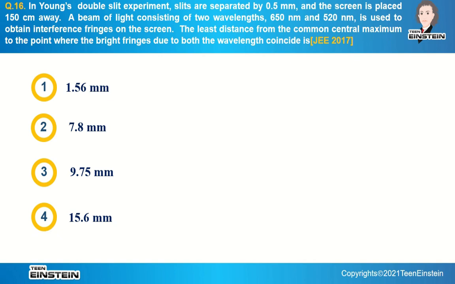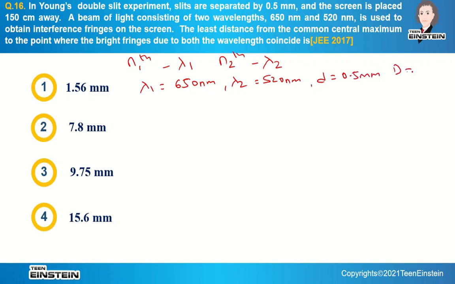So here they are saying the n1th fringe is formed due to the first wavelength λ1, and the n2th fringe is formed by the second wavelength λ2. They have given λ1 as 650 nanometers and λ2 as 520 nanometers, small d as 0.5 mm and capital D as 150 centimeters.